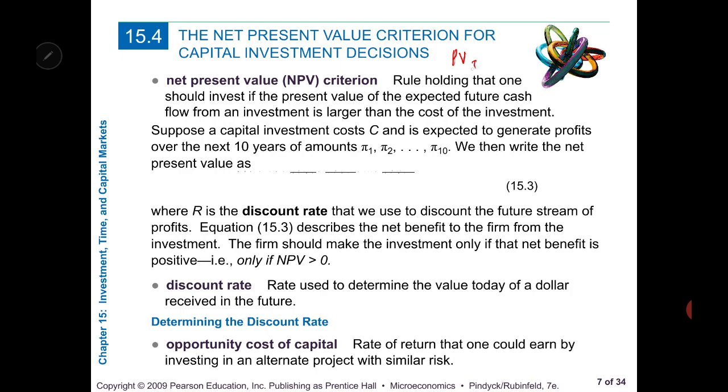If you use a net present value, the net present value will be the present value of returns minus the cost of investment. So that's why we have the word net in front of that. What is the difference between what you receive from the investment and the cost of the investment? That's the net present value. So you invest when the net present value is greater than 0.